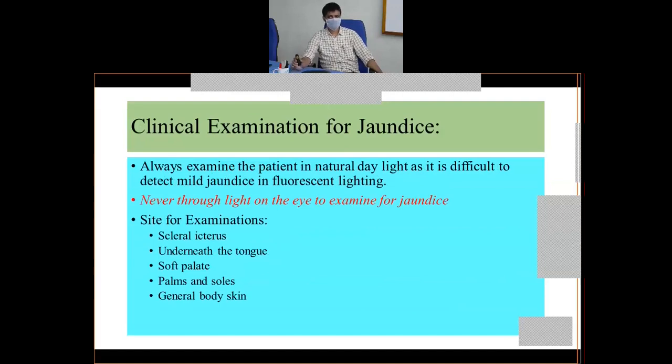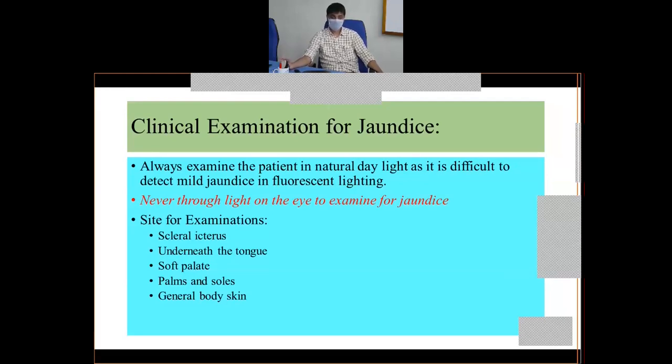So when we have been asked to examine for jaundice, we have to remember some sites that have to be examined during the examination of icterus. Always examine the patient in natural daylight, as it is difficult to detect mild jaundice in fluorescent lighting, like this tube light we have indoors.